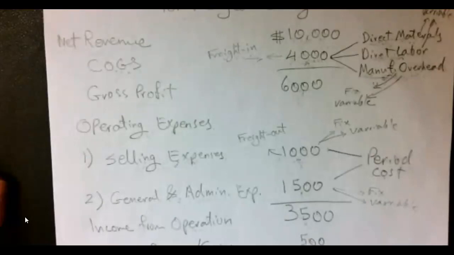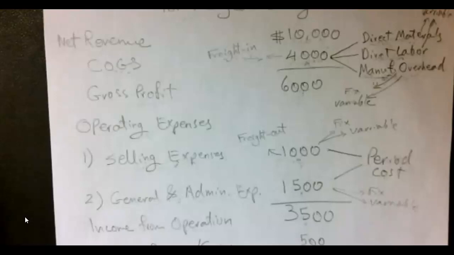Now, the other thing here I'd like you to learn: these items that you have at the top, like direct material, direct labor, manufacturing overhead, those are product cost, because you are producing something and it goes into your product cost. But we have also period cost. Period cost is something that happens every period, no matter what.